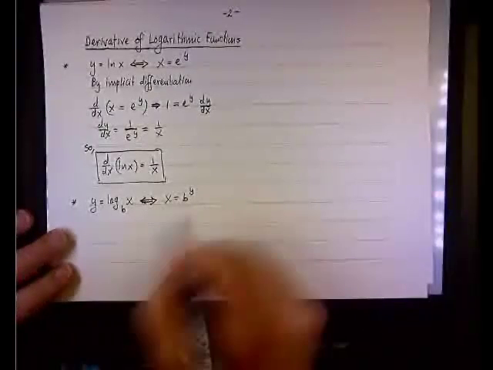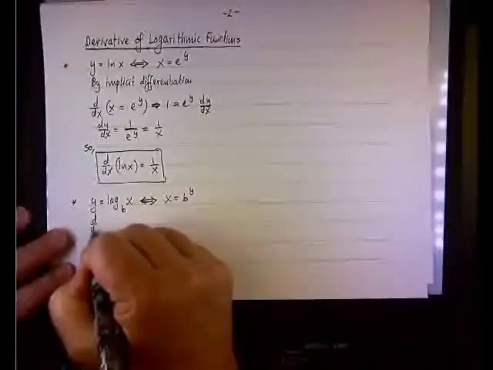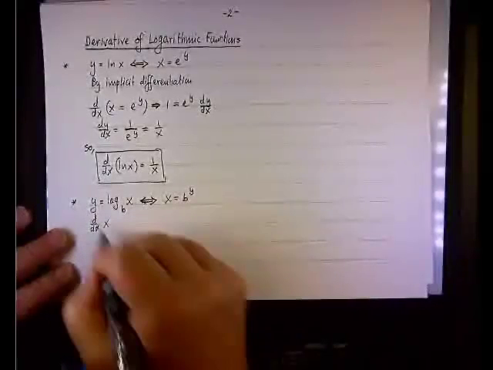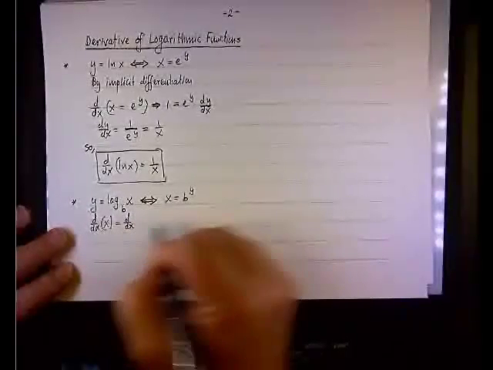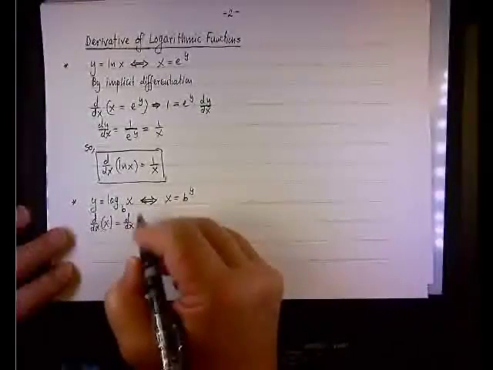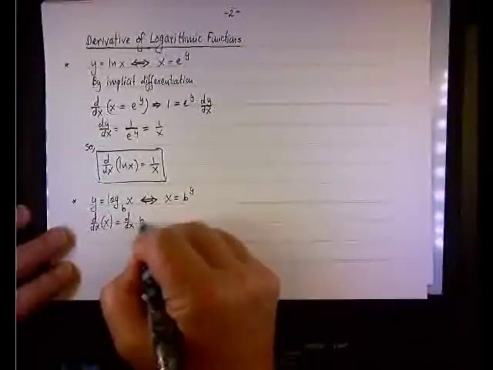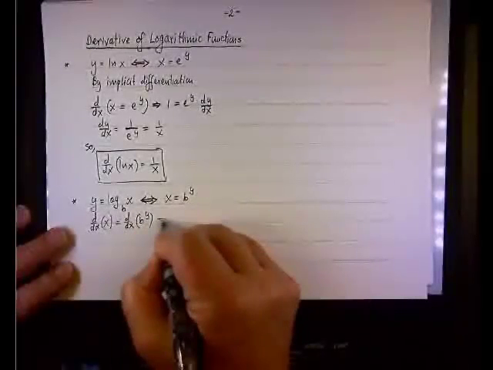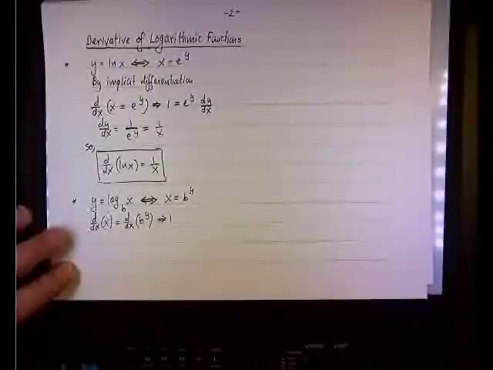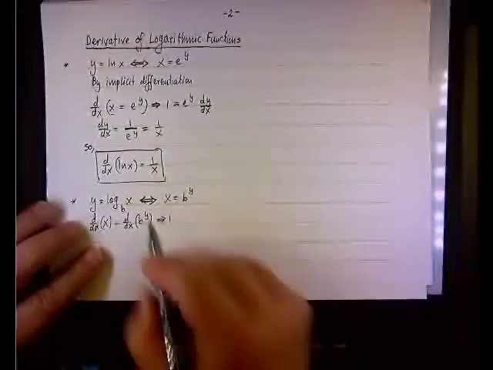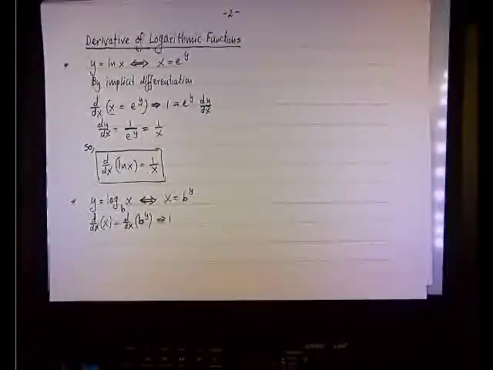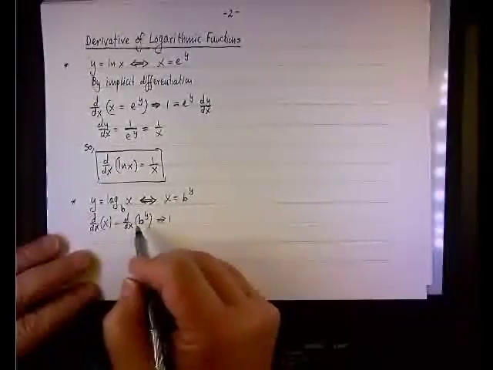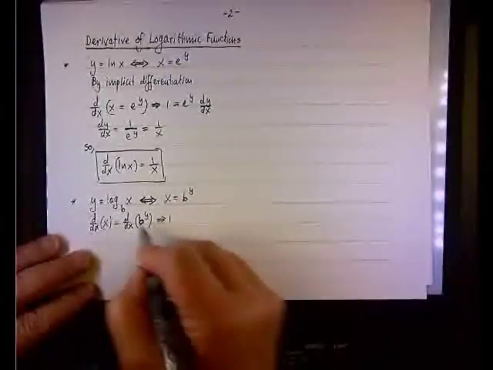Now, again, implicit differentiation, so we'll do the same treatment: d/dx of x on one side equals d/dx of b to the power of y on the right side. So we get 1 on the left, and on the right side we have b to the power of y. What is that? We saw it already.